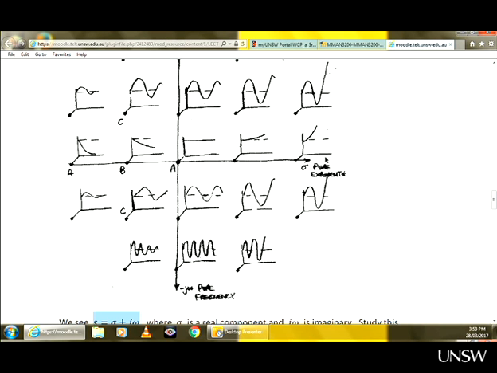It's not only about the transient, it's what happens eventually. If eventually after the transient the aircraft is back at the equilibrium, the system is stable.